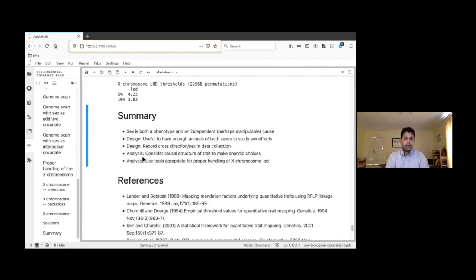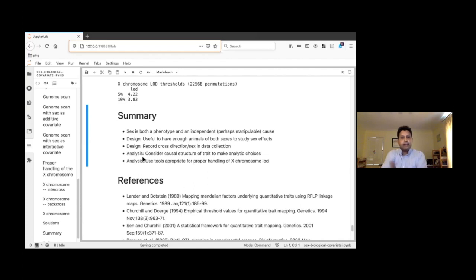The second is that you need to record the cross and sex direction in the data collection, and perhaps, if thinking about the direction, you need to be intentional about making all the different kinds of crosses that are possible to study the effects that you wish to study.